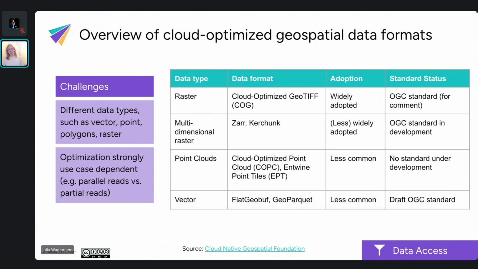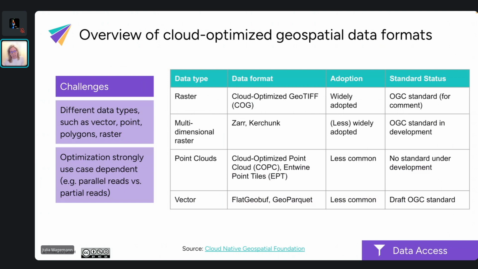And we also linked it here. One of the organizations that is promoting a lot of developments here is the Cloud Native Geospatial Foundation that is run by Radiant Earth, which is a nonprofit from the US. We linked a link here, and there's another entry on a website.